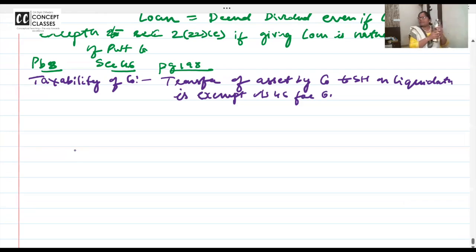Take your time and write it nicely. Company is going into liquidation, so they are saying to the shareholder, you take your agricultural land and you take your cash also. So the transfer of assets by company to shareholders on liquidation is exempt for the company.